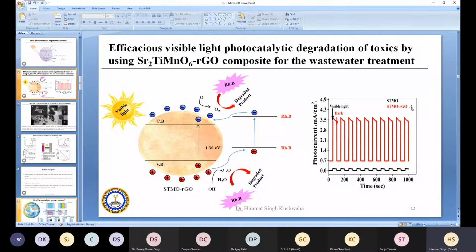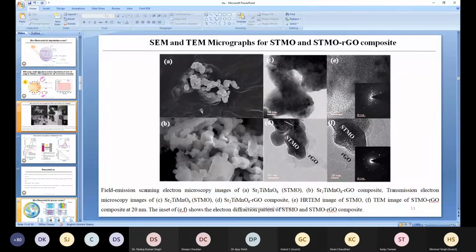Within this composite the absorption of light is greater, which results in the generation of more charge carriers, and it degrades the absorbed rhodamine B dye over the surface. These are the scanning electron microscopy and transmission electron microscopy images of the strontium titanium manganese oxide and reduced graphene oxide composite.